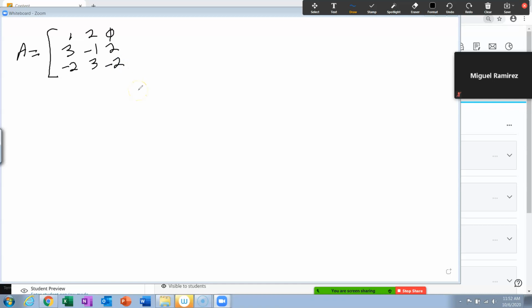Now, if we're trying to find if it does have an inverse, what we do is augment that matrix with the identity matrix. 1, 0, 0, 0, 1, 0, 0, 0, 1. And now start our row reduction.